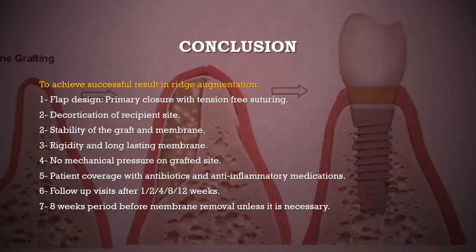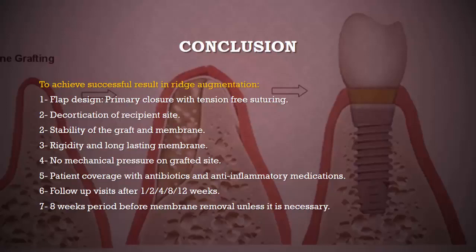When we do a temporary restoration for the patient, we don't want any pressure on the grafted site. Always try to relieve the partial or the flipper that you have, and avoid any pressure on the grafted site because it may cause flap dehiscence or flap or membrane exposure and subsequently failure of the grafting.